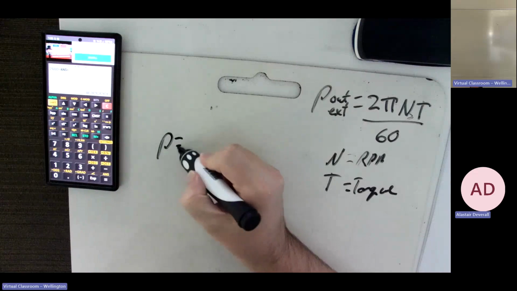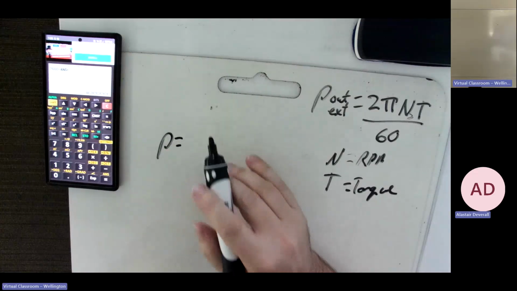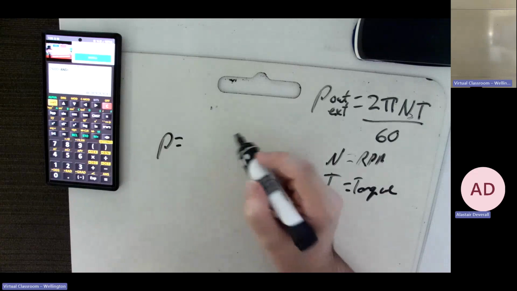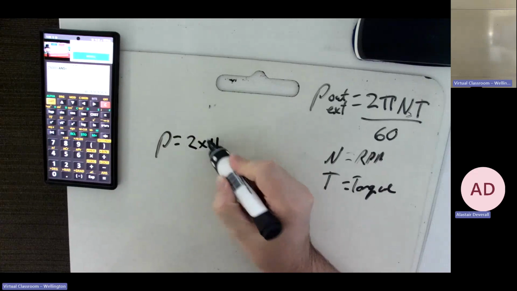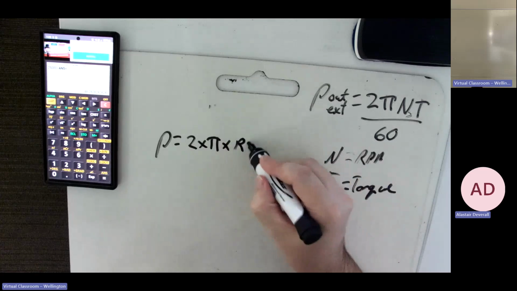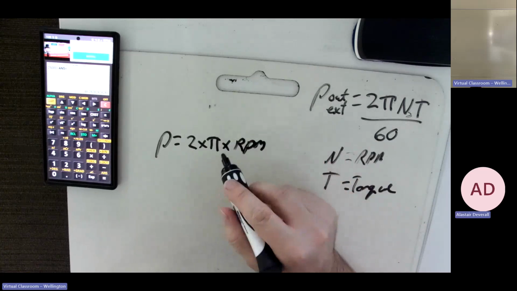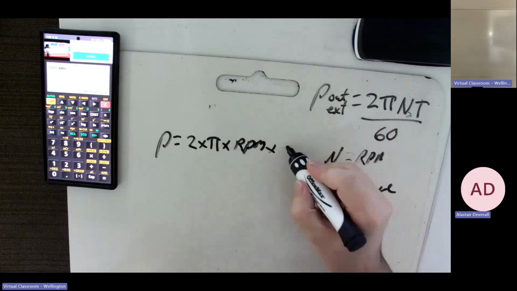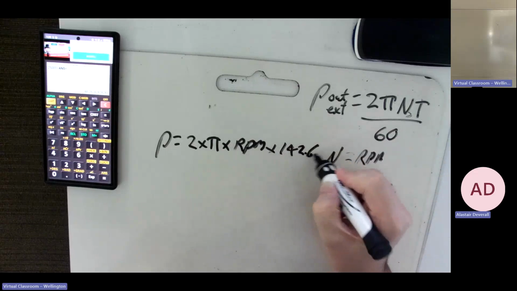So power equals 2 times pi times RPM times my torque, which is 142.63.